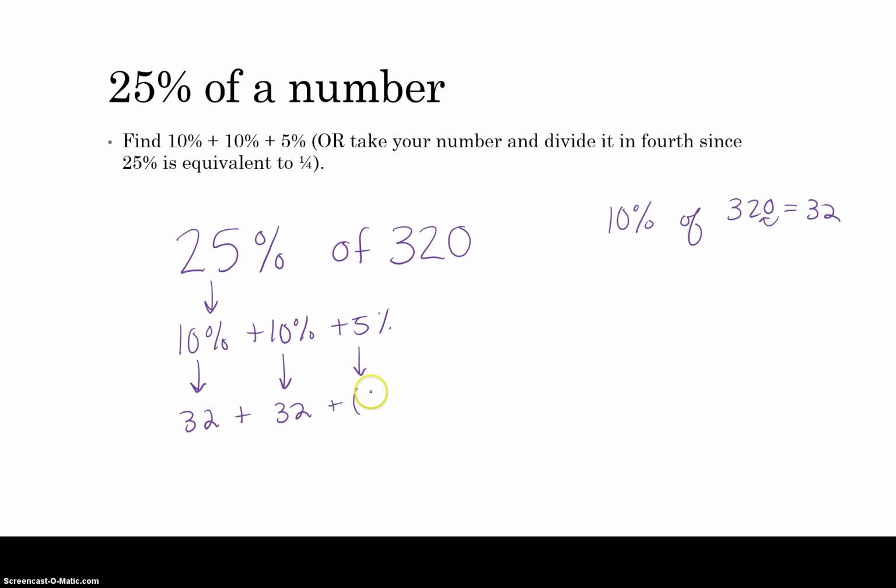So if you want to think of what half of 32 is, you just take 32 and divide it by 2 to get 16. So if you added up 32, 32, and 16, you would get the sum of 80. So 80 is 25% of 320, and that was how you would show your mental math.